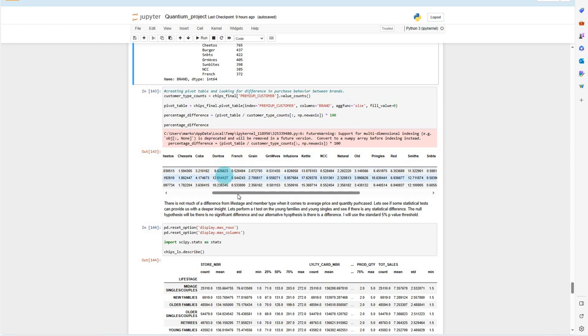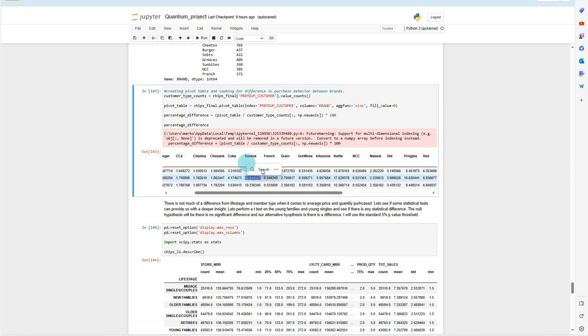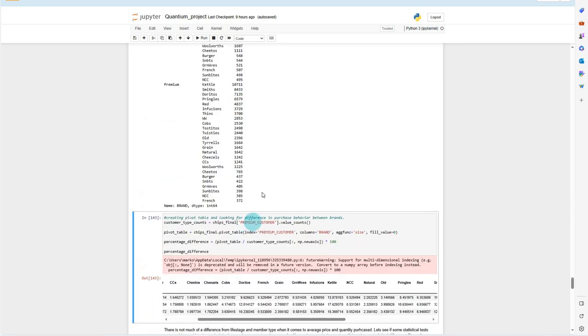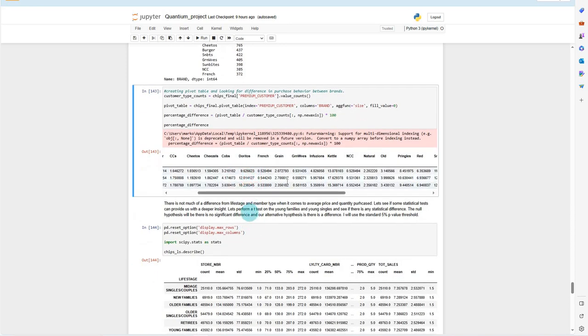The biggest was Doritos. Mainstream here had 12, and budget, I believe that's budget on the top. Yep, budget on the top at 9.6, and then premium at 10.2. That was the biggest variance out of all of them.